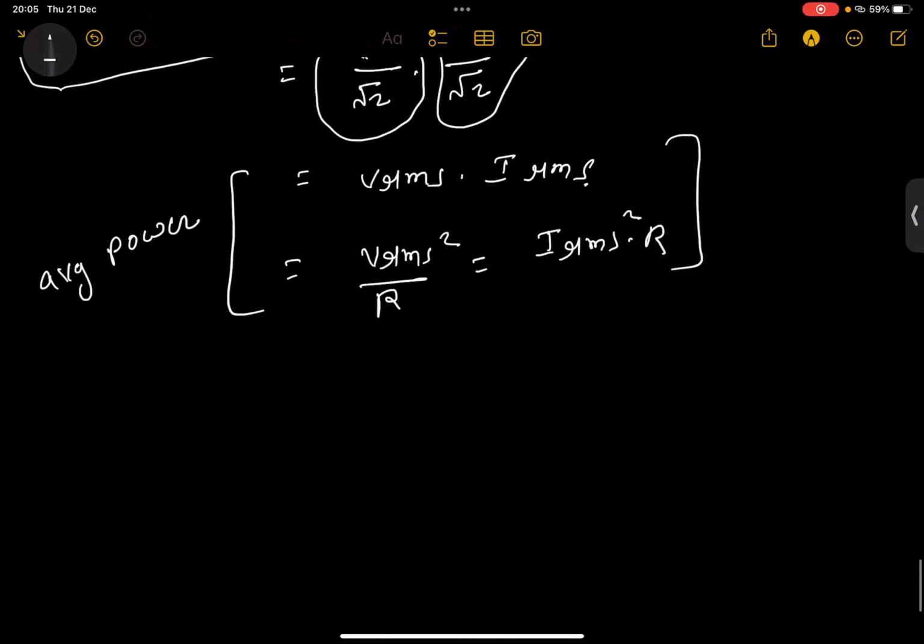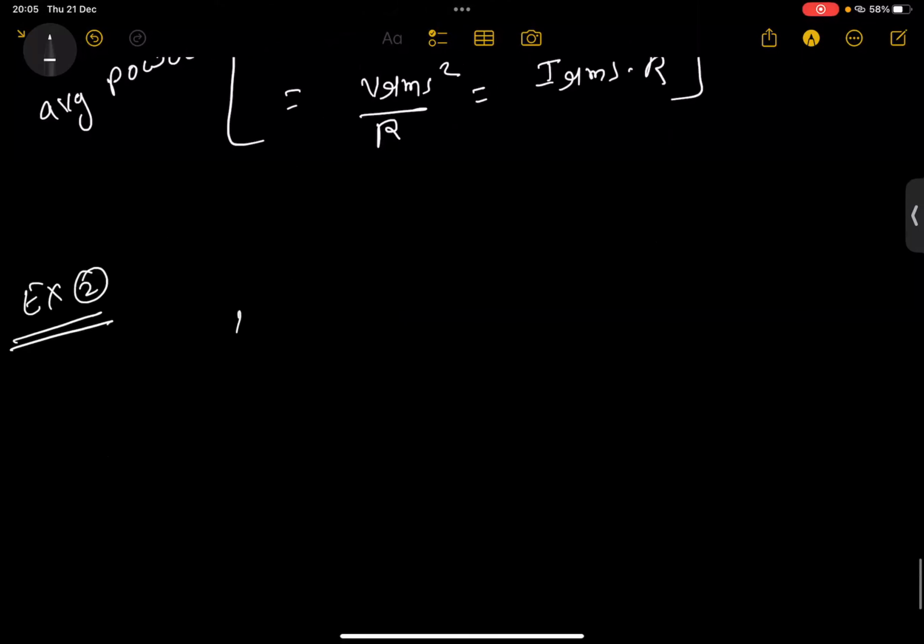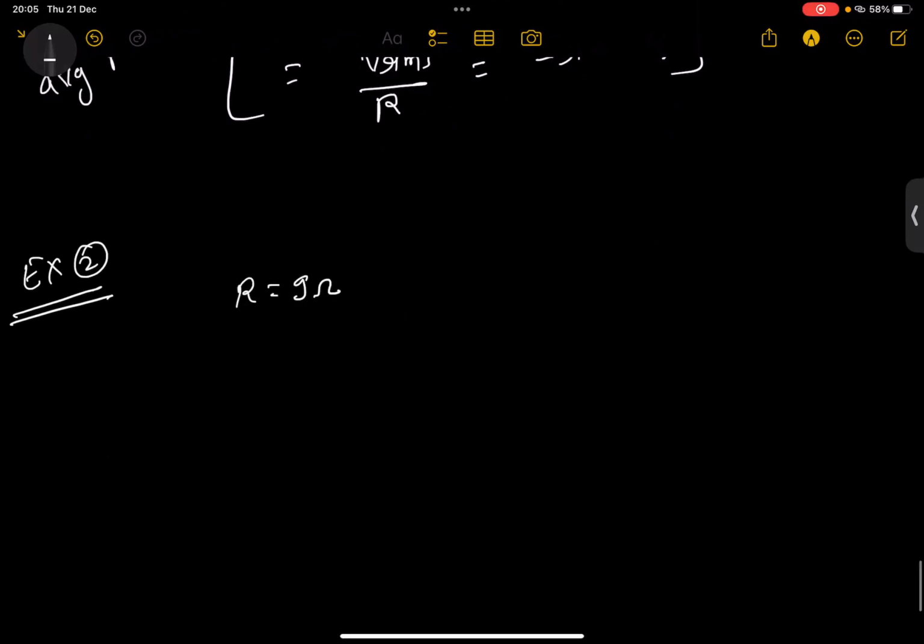Now I am going to explain example number 2. The current waveform is given, and we have to calculate the average power for a 9 ohm resistance. R is given, that is 9 ohm. Current waveform is given, and we have to find out the power.